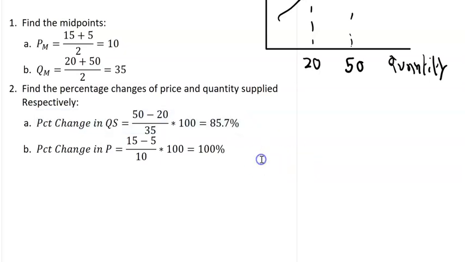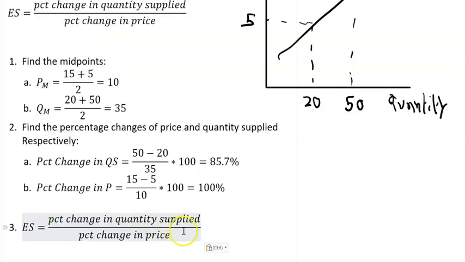Then my elasticity value is going to be the percentage change in quantity supplied divided by the percentage change in price. So the percentage change in quantity supplied is 85.7 divided by the percentage change in price, which is 100. So it comes out to be equal to 0.857.